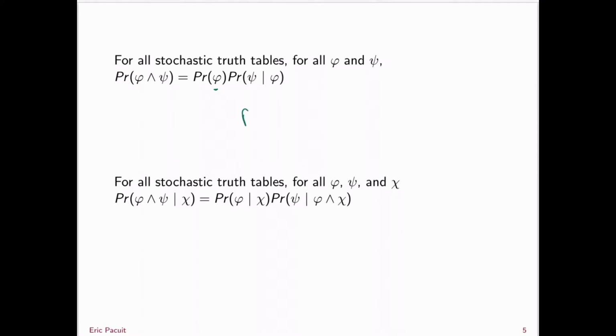So the probability of psi given phi is equal to the probability of psi and phi divided by the probability of phi.